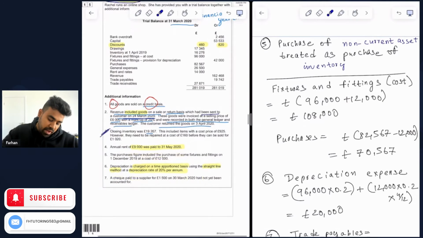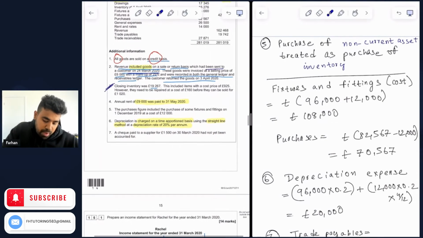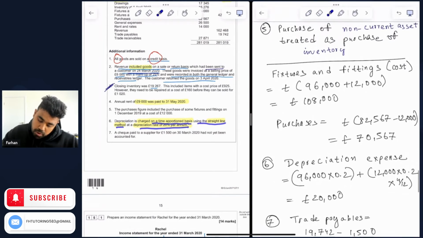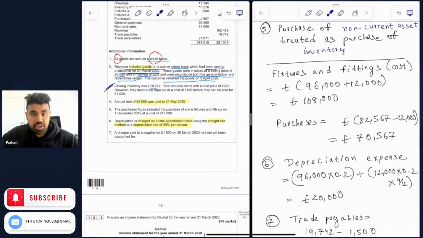Okay, then point number 6 talks about depreciation to be charged on a time apportioned basis using the straight line method at a depreciation rate of 20% per annum. So it's very straightforward, but we still have some complications here.